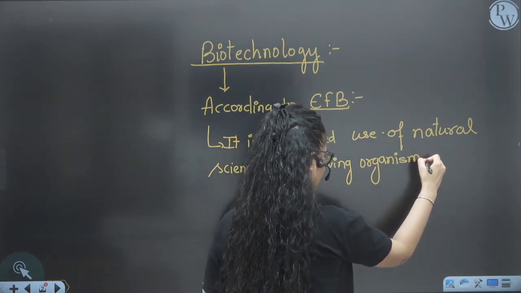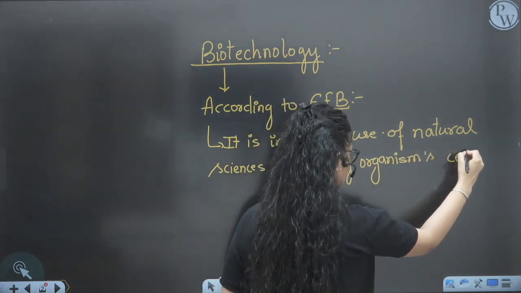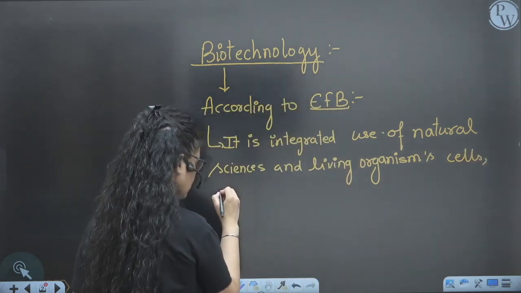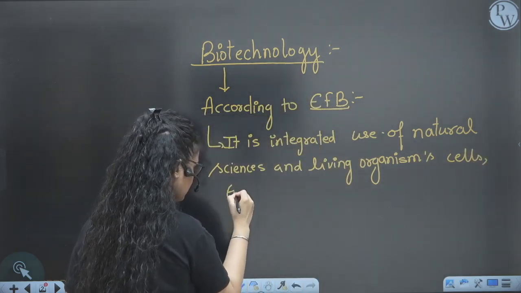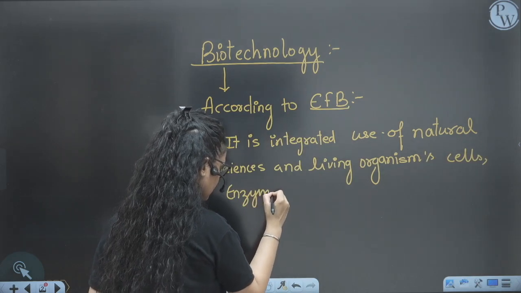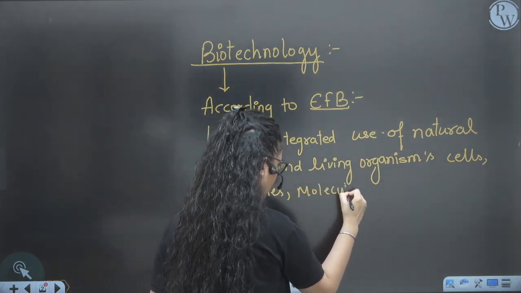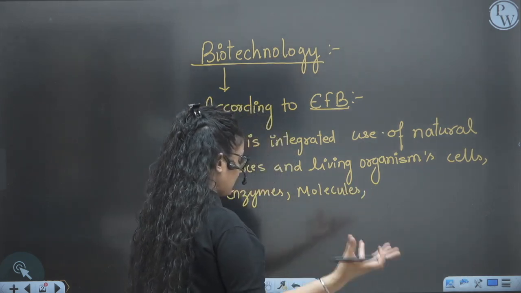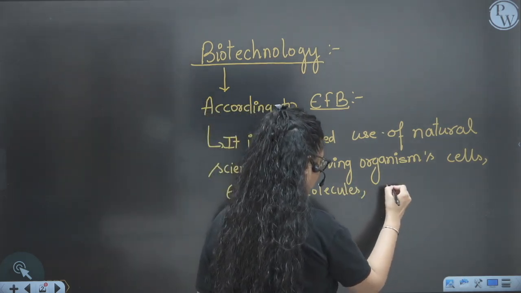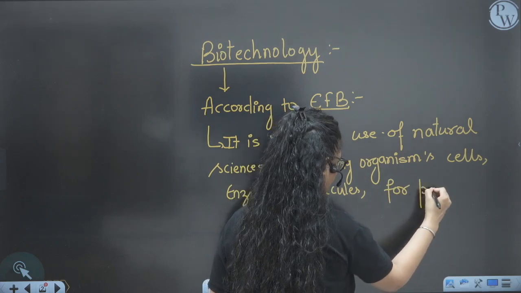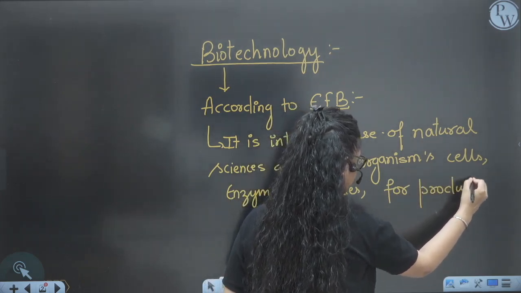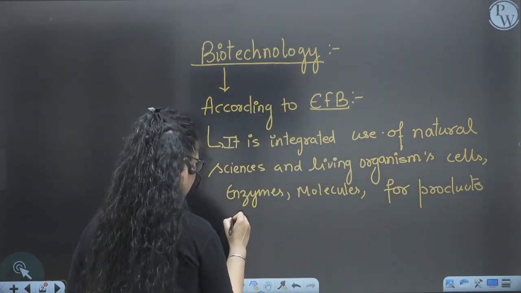And living organism cells, or we are using their enzymes, or their molecules, meaning their genetic material, right? Or for the product and services, to produce products and services, and we will sell it in the market.